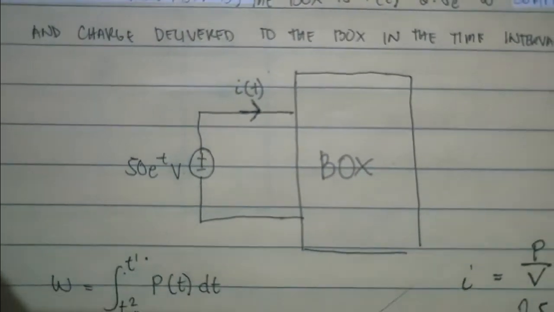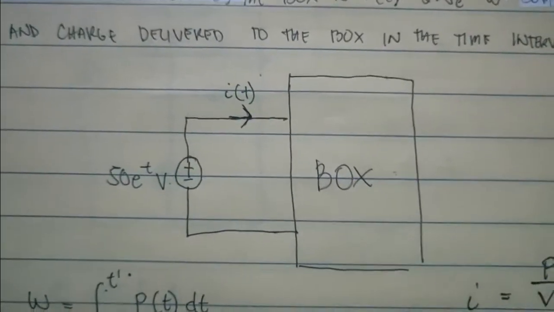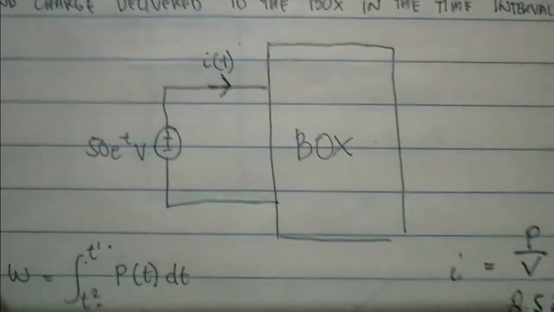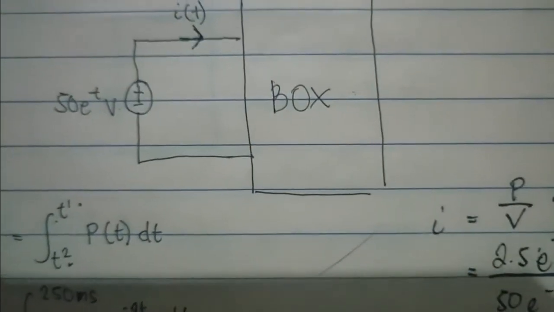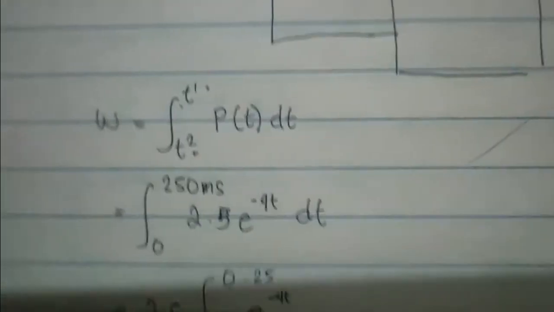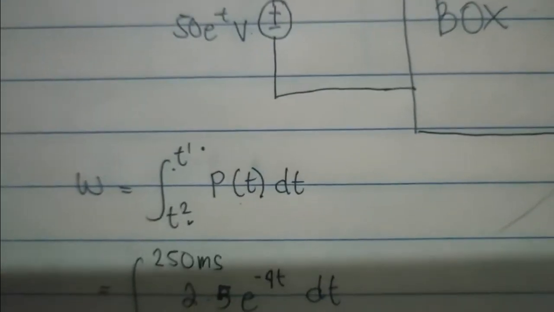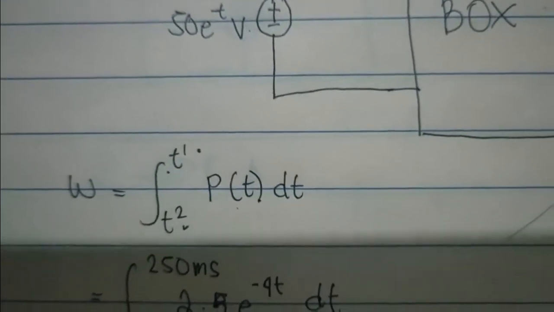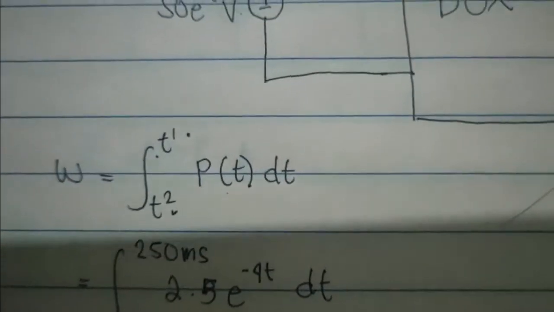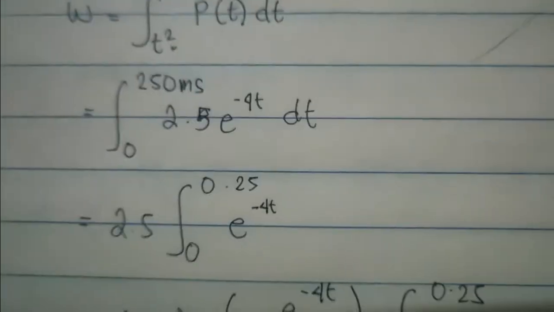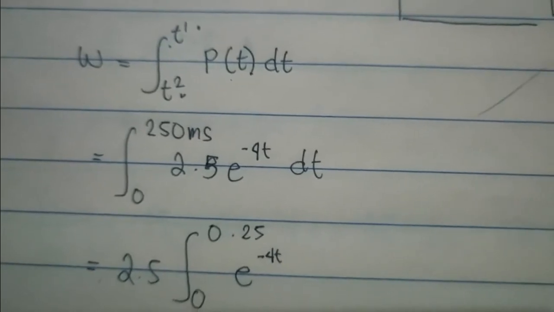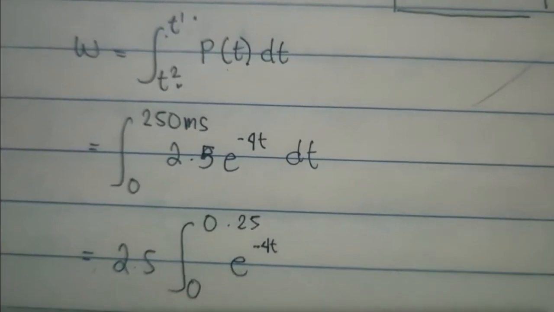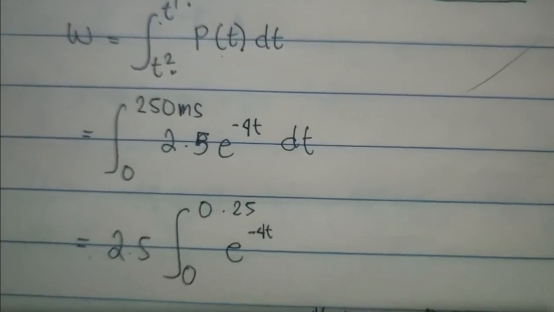So first we will look for the energy. So this is the formula of energy. We will apply definite integral here, or if you're familiar with your integral subject, you can apply it here. So integrate 0 to 50 milliseconds of 2.5 e raised to negative 40t dt.